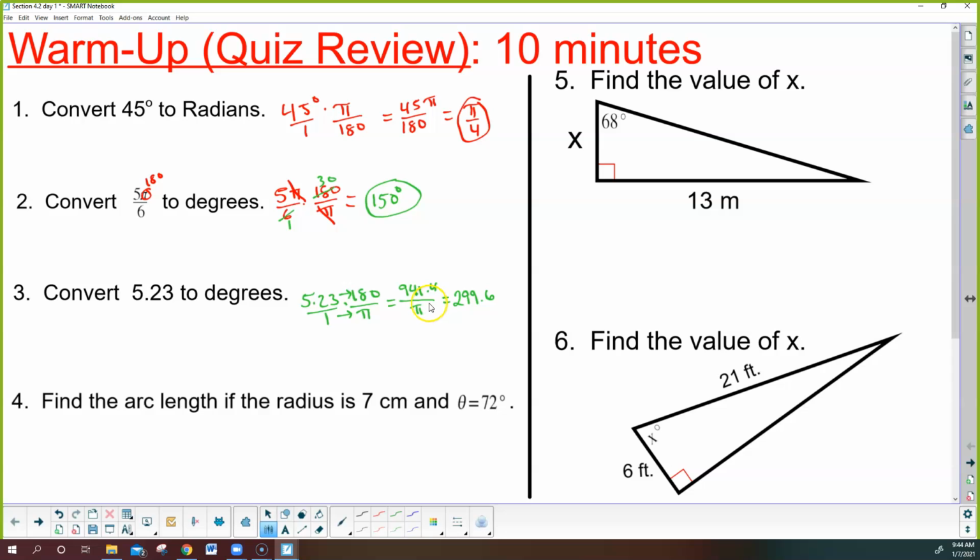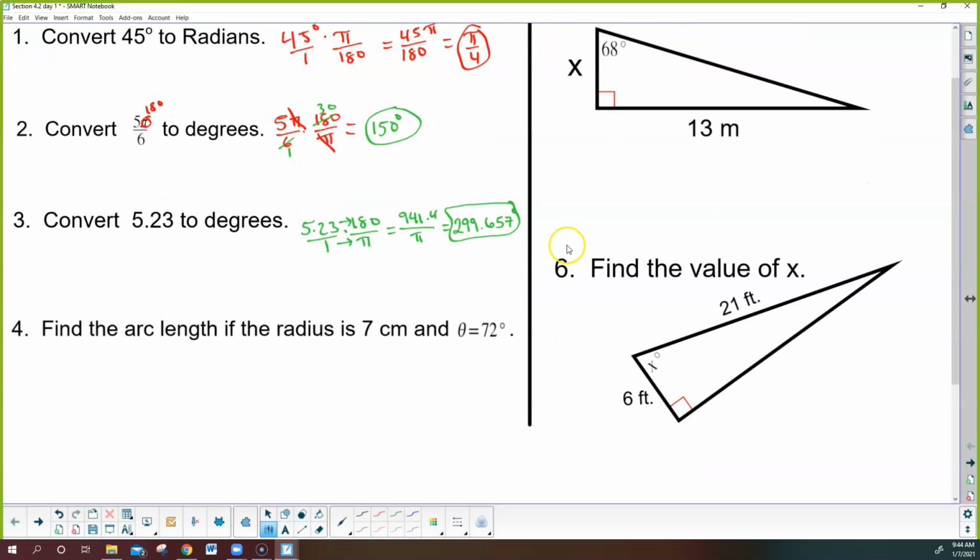So you want to take the most accurate interpretation of pi, which is using the pi button in our calculator. And then we always recommend rounding to 3 decimals unless the directions tell us otherwise. So you get 299.657 degrees.